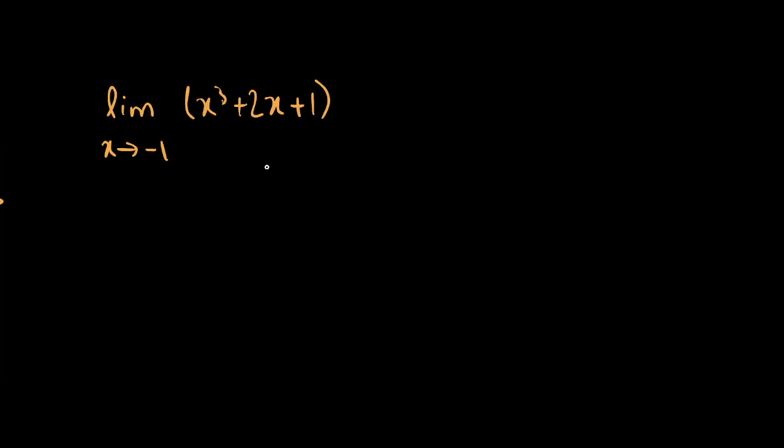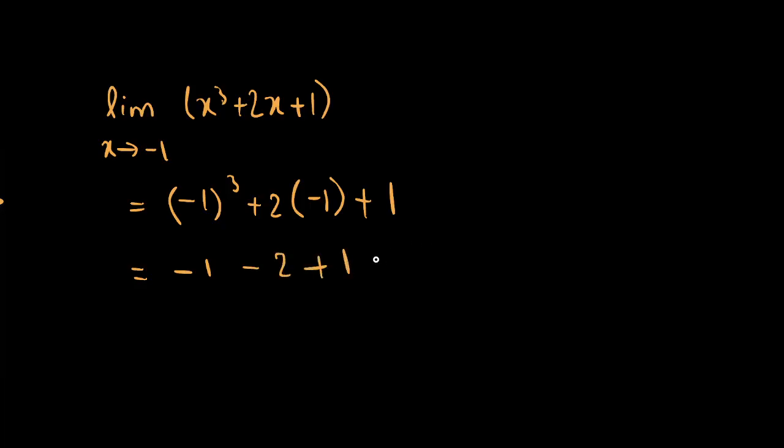It is a continuous function, and so we should just be able to use direct substitution. So let's try that. Using direct substitution, we get negative 1 cubed plus 2 times negative 1 plus 1. And this gives us an answer of negative 1 minus 2 plus 1, or simply just negative 2. So this is our answer for this problem.